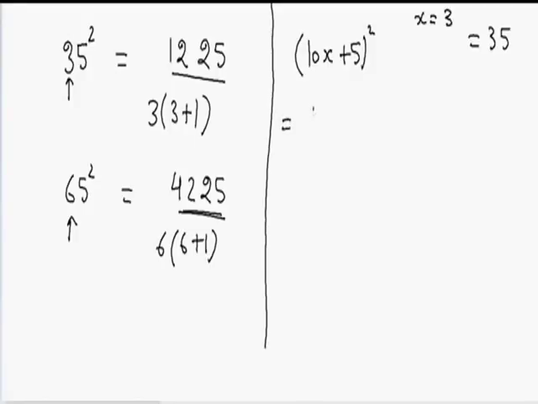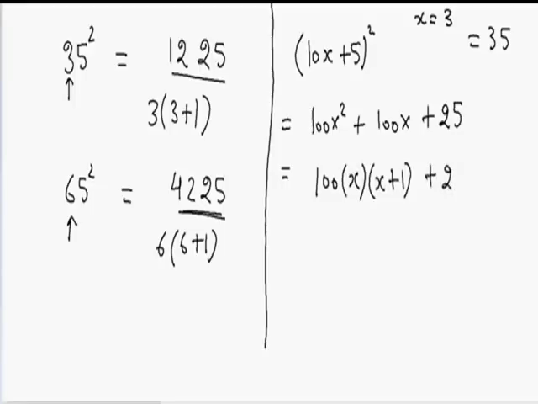That will be equal to 100 x square plus 100x plus 25. If we solve this, that will be equal to 100 into x into x plus 1, plus 25.